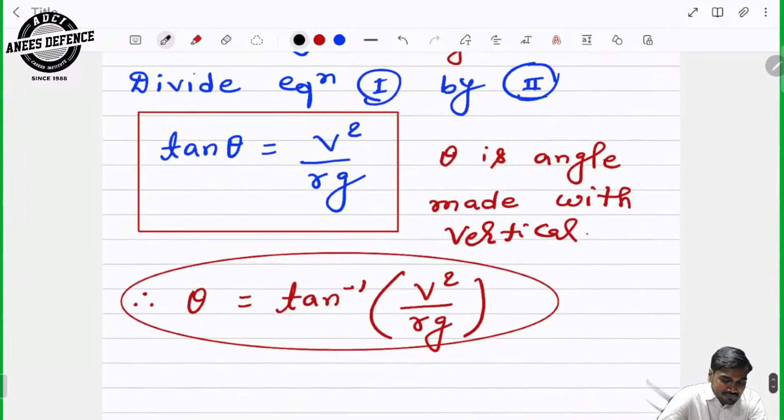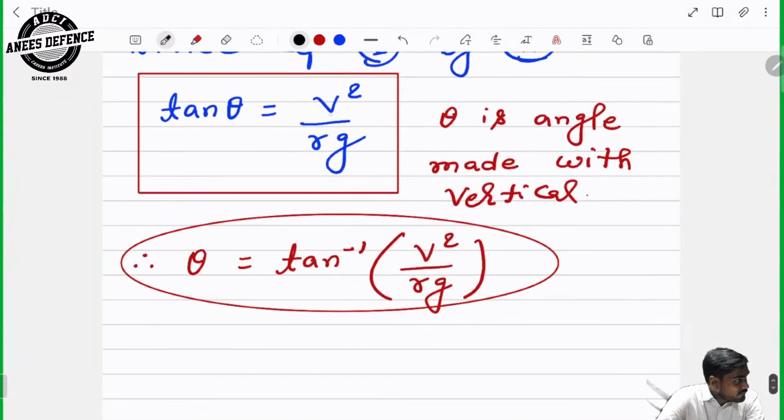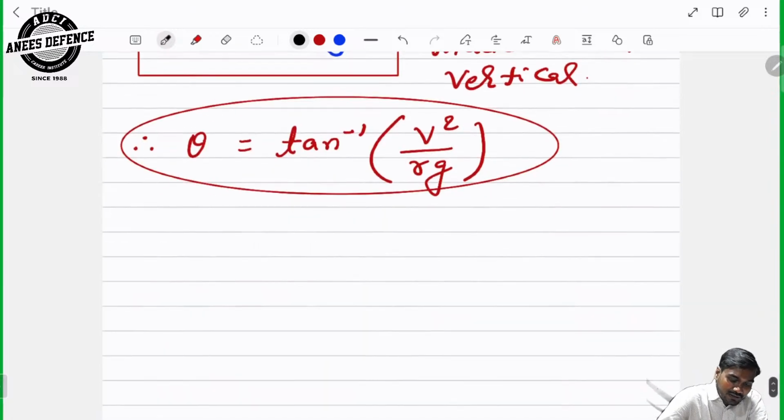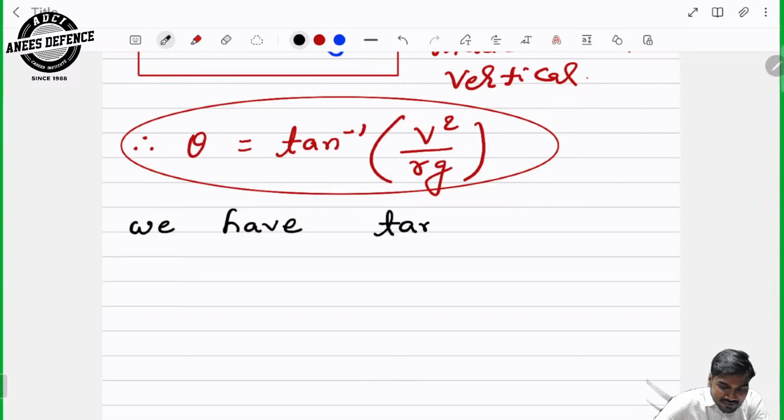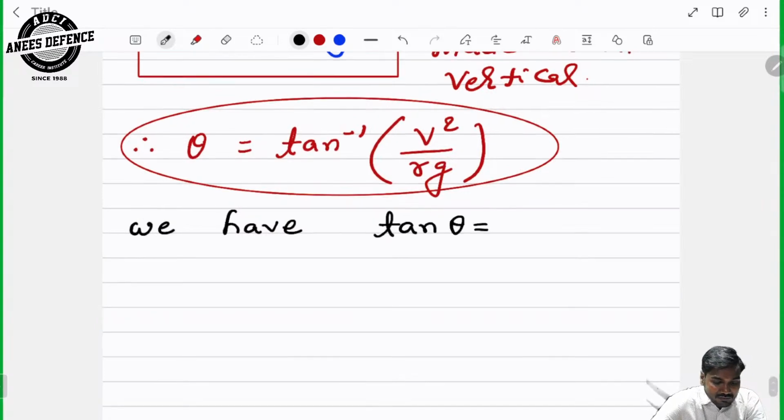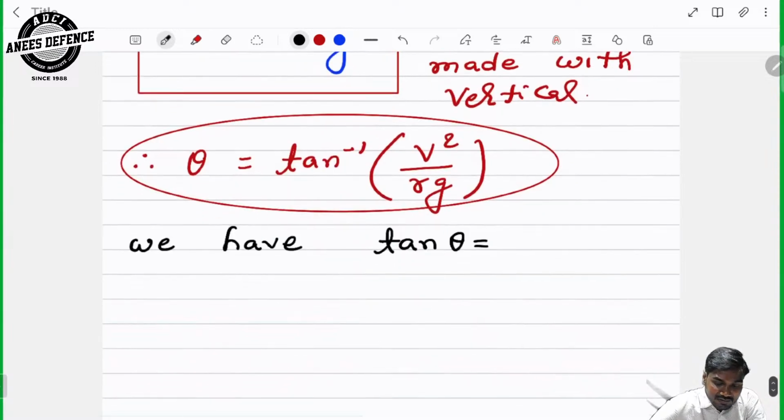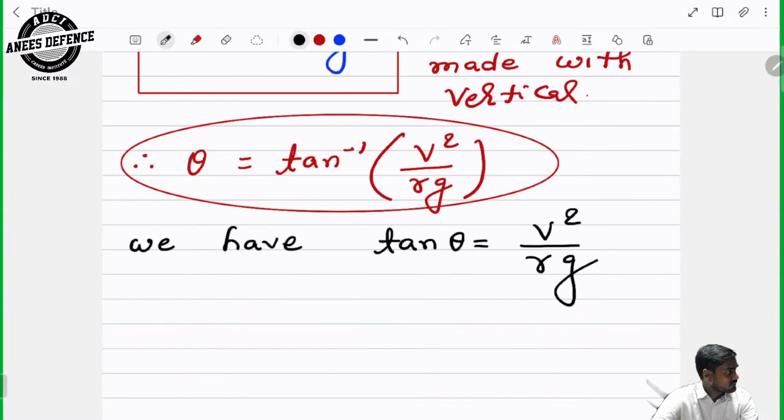For time period, linear velocity will be replaced by angular velocity.